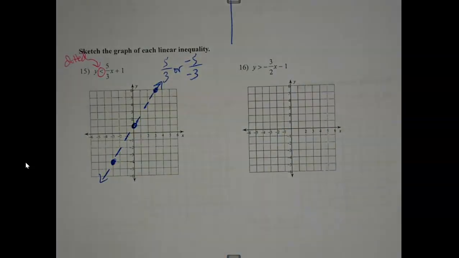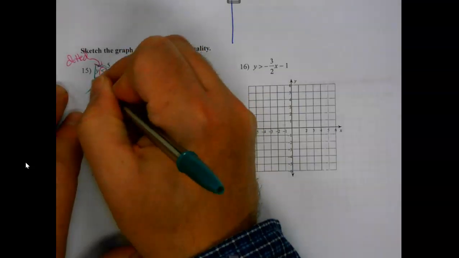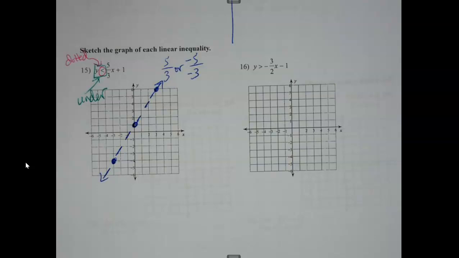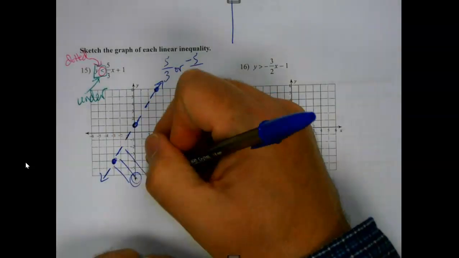And then it also tells me which side to shade on. Since y is less than, when the arrow points at y, we're going to shade under the line. If it's eating y, we're shading over it. And again, all in your notes. There's the underside.